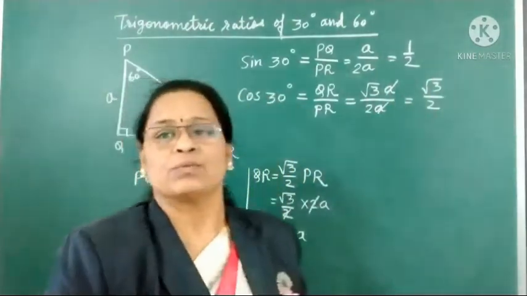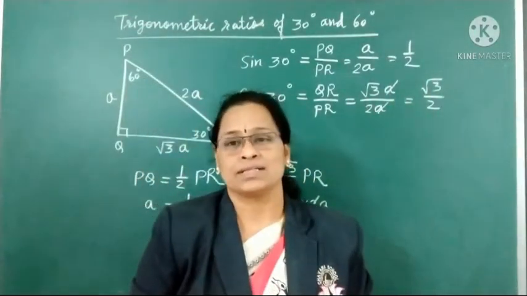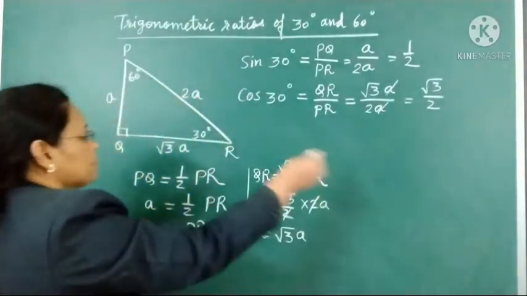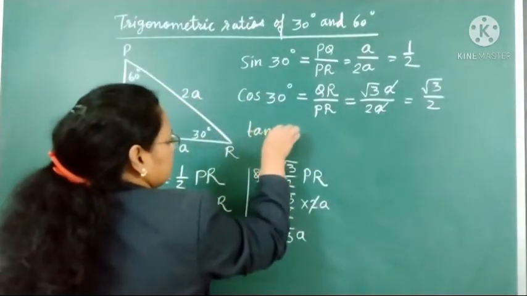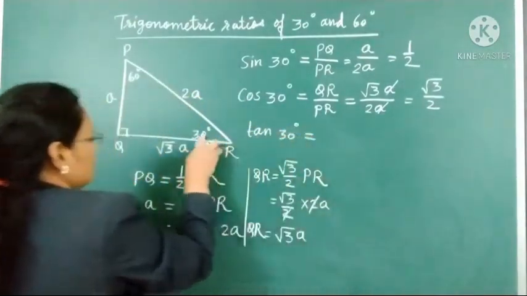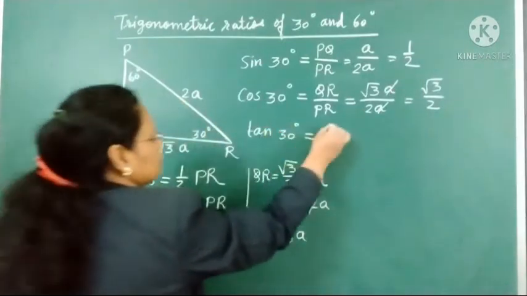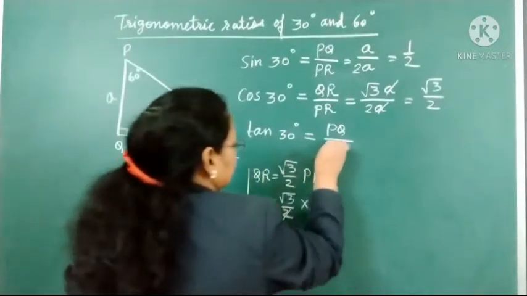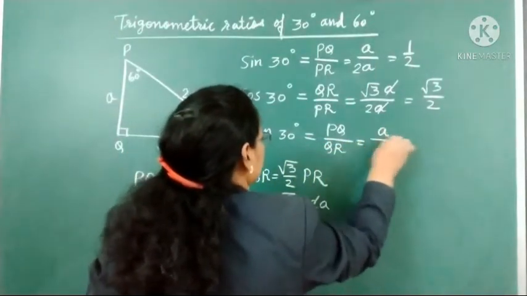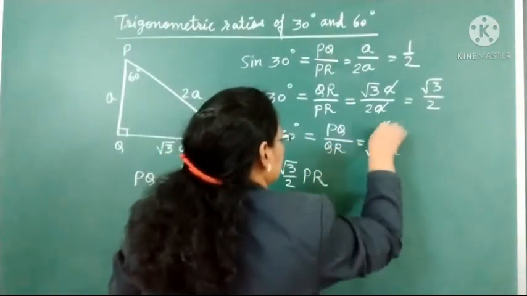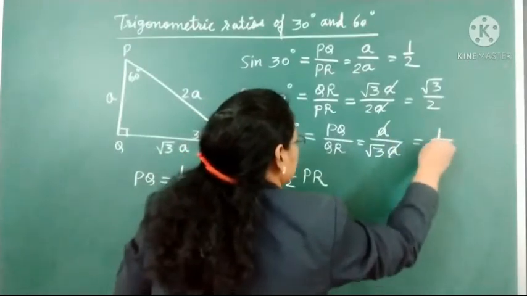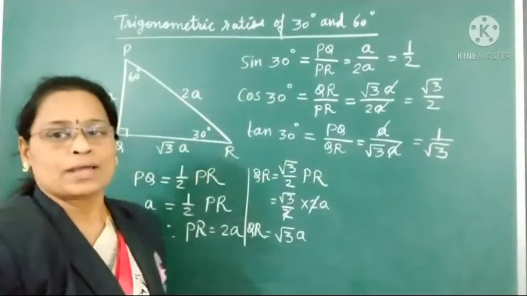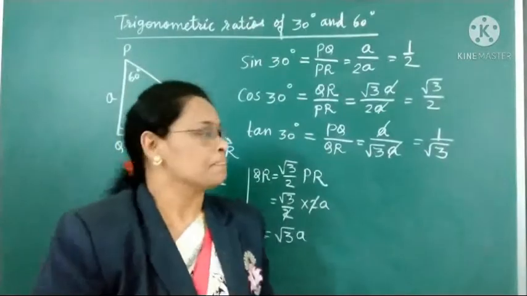These are the fixed values of 30 degree and 60 degree angles. Tan 30 degree is opposite side PQ to adjacent side QR, and that is A upon root 3A. A is cancelled and we get the value 1 by root 3.